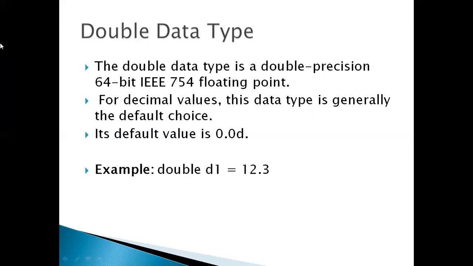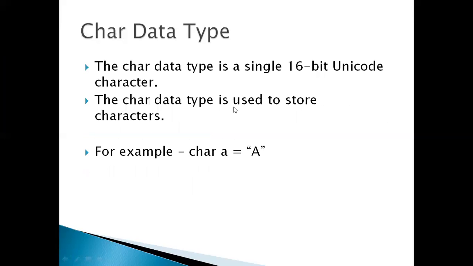But if we need to save memory, since it occupies a lot of memory, we opt for float. The default value here is 0.0. Example, double D1 is equal to 12.3. So D1 is the variable name and double is the data type. The value stored is 12.3.